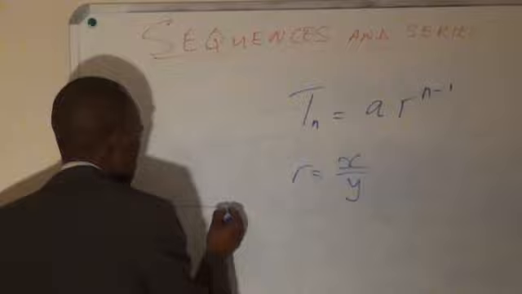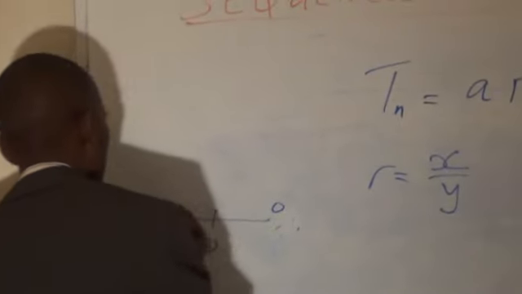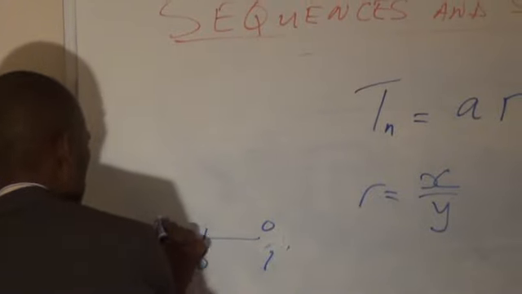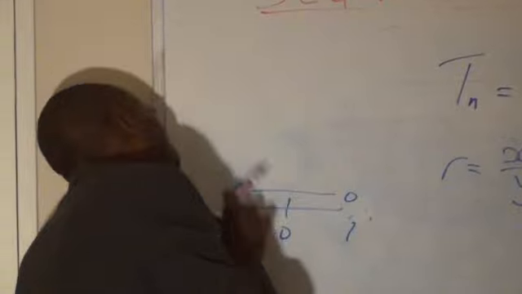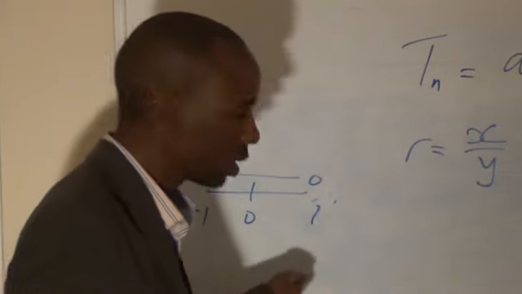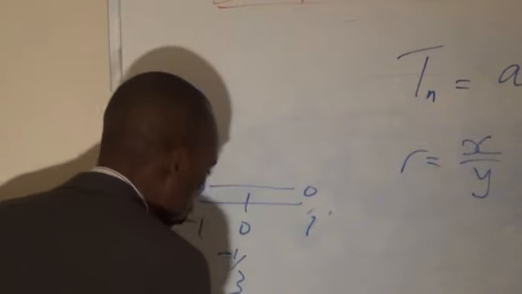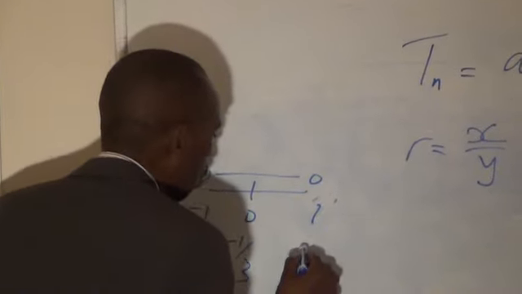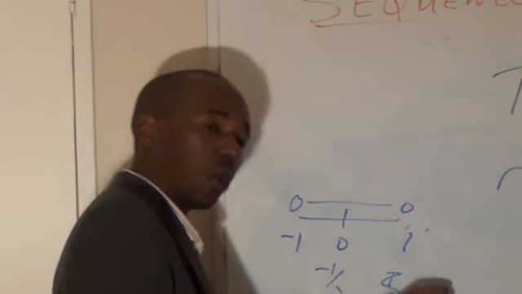As we've said, it's lying in this region, 0, 1, minus 1, but not including the 1 and the minus 1. So it's a simple fraction, something like minus 1 over 3, minus 2 over 3, or 5 over 8. That fraction is less than 1.